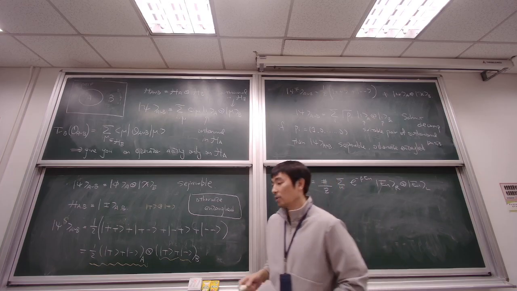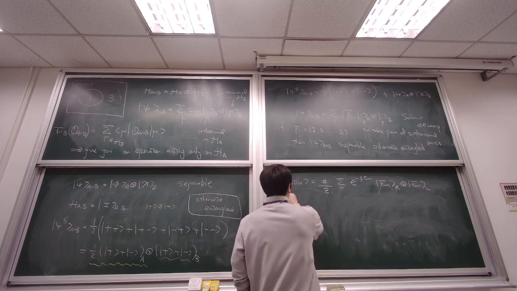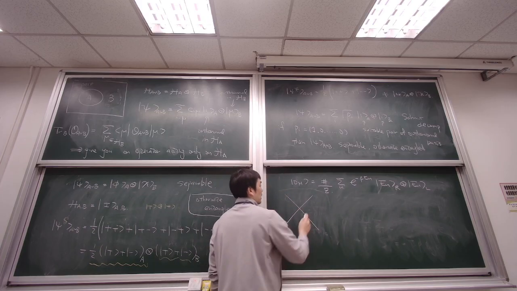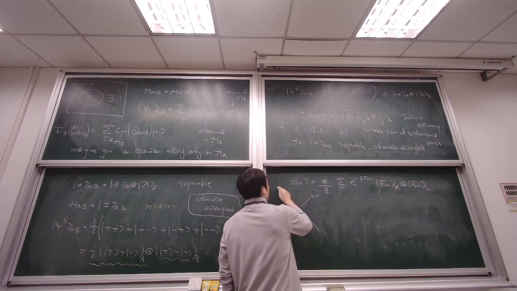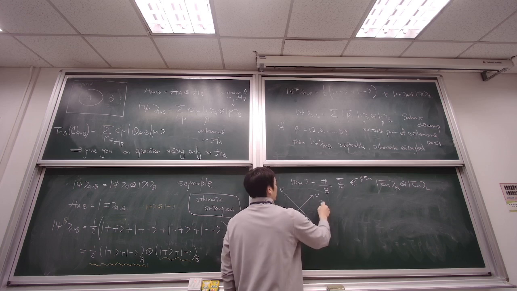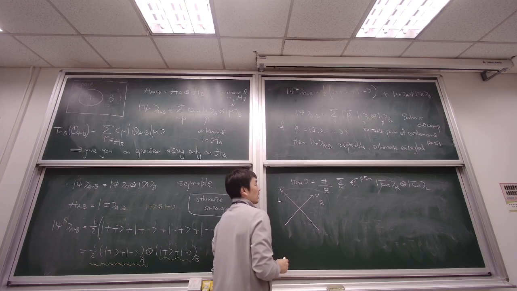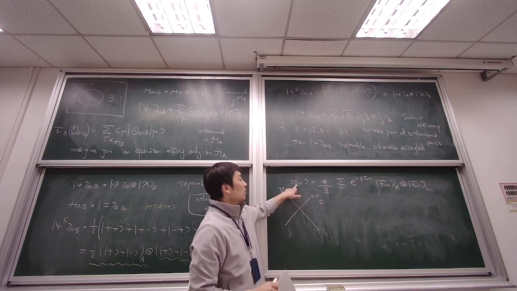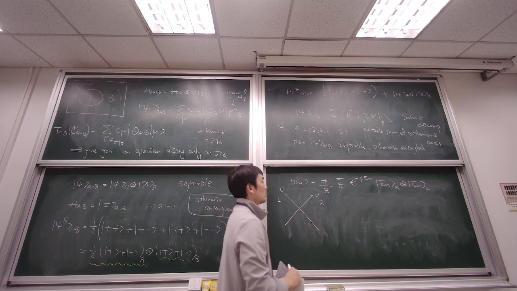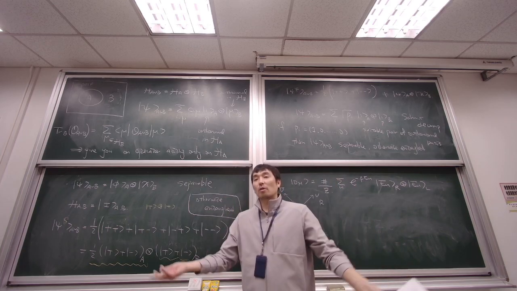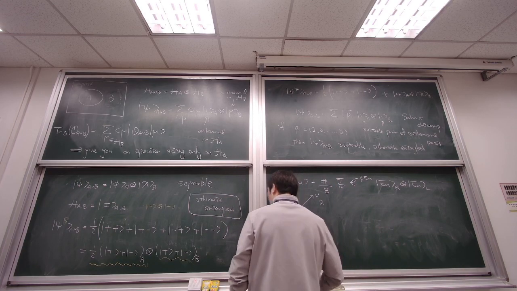You have to show this to see the Unruh effect. Say this is V and U, and this is the right Rindler wedge and the left Rindler wedge. And in fact, En is the orthonormal basis of this accelerating observer.